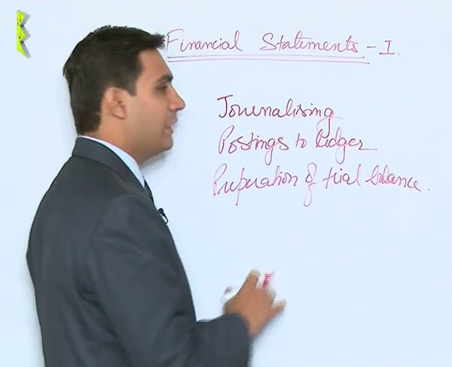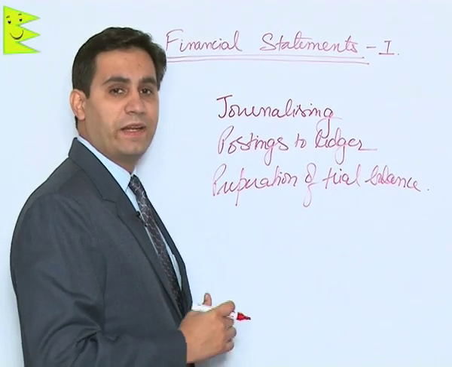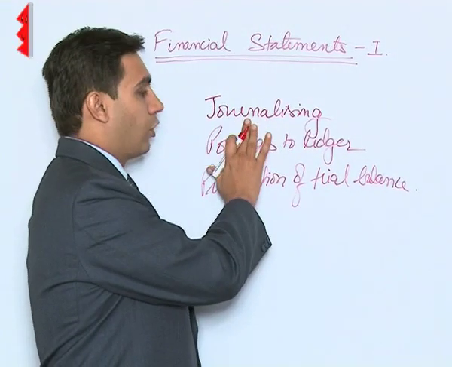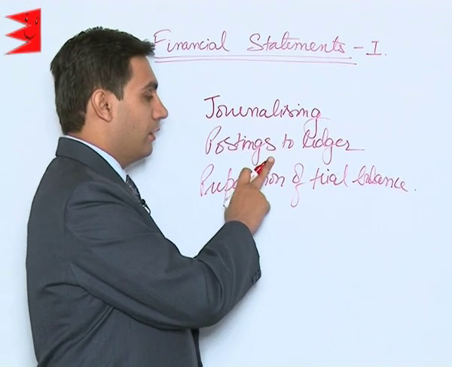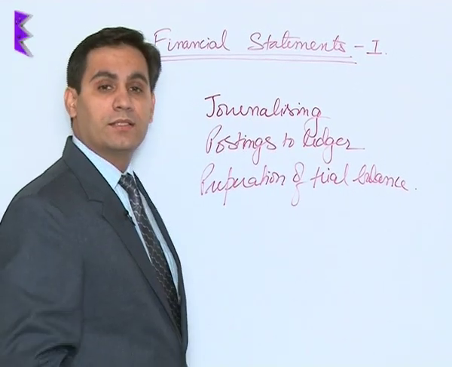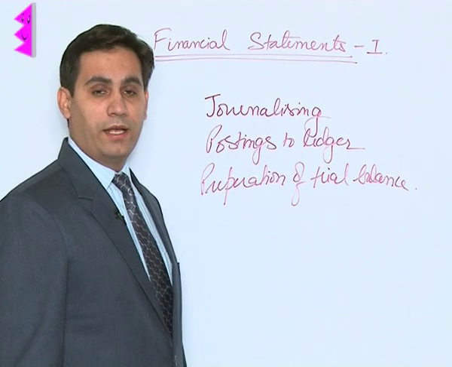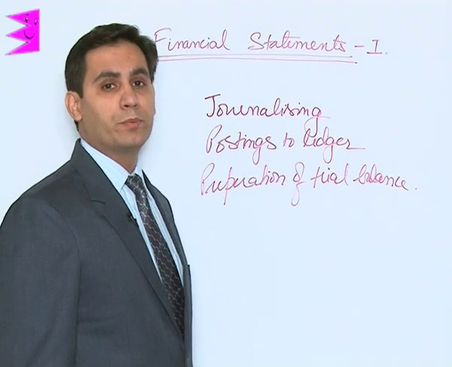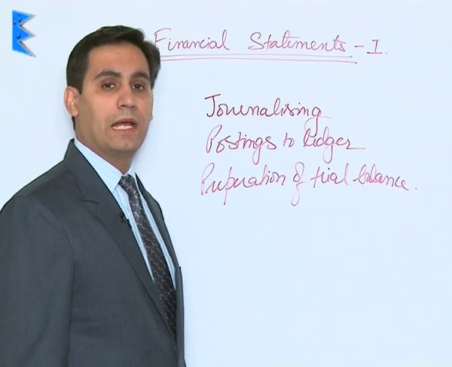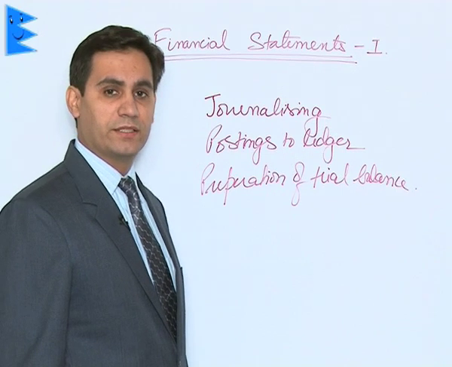Now, these activities can be broadly classified as recording, then classifying, and then summarizing. Once these activities have been done, then at the end we are supposed to prepare financial statements and calculate the profits and losses of a business.